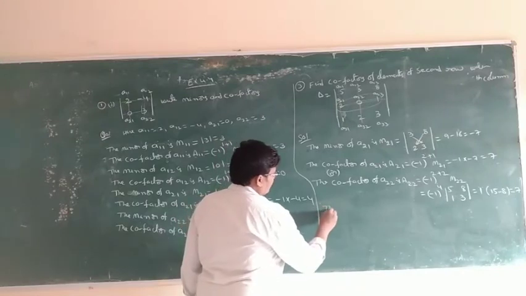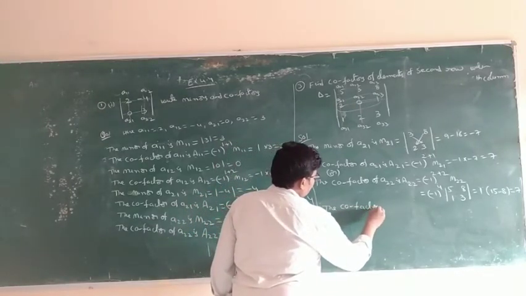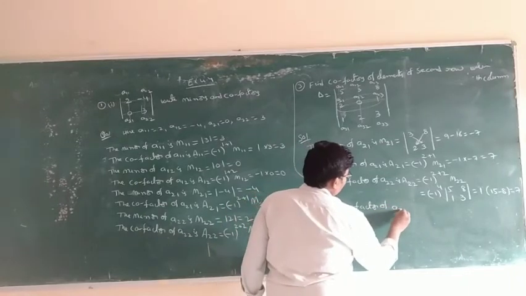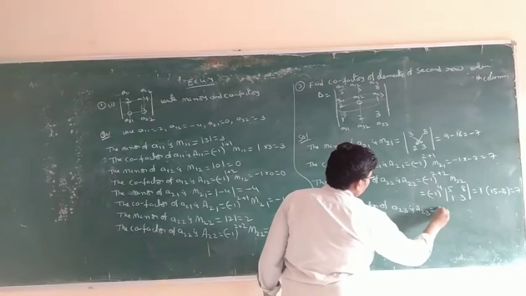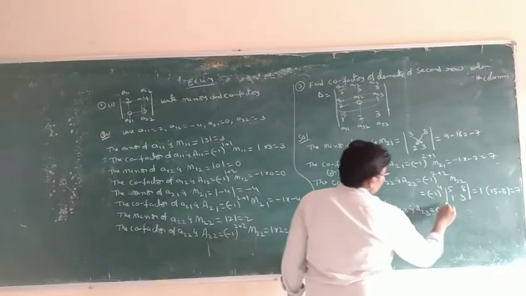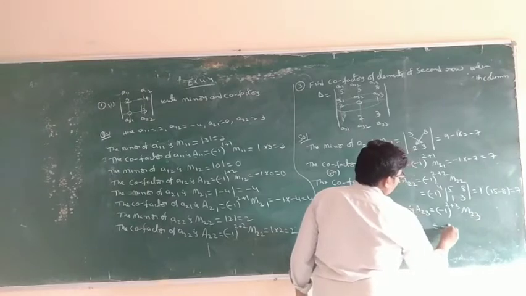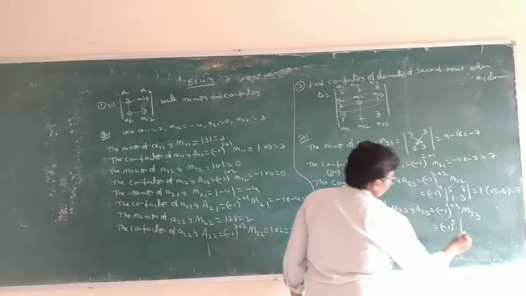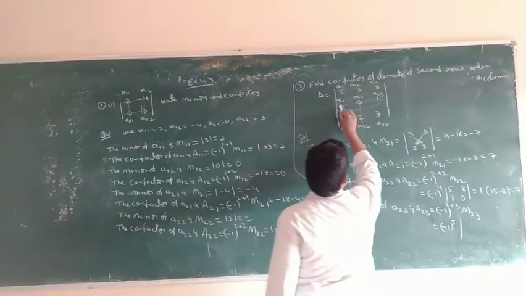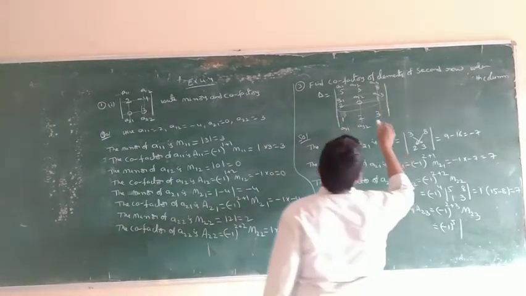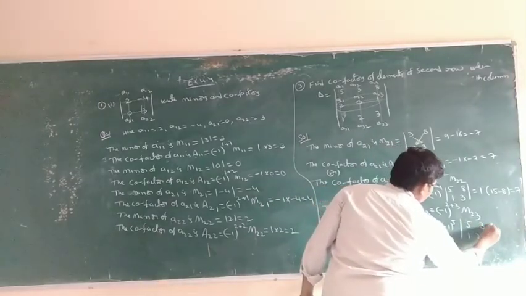So the cofactor of A23 is capital A23, minus 1 whole power second row third column, into M23, that is equal to minus 1 whole power 5 into, for the second row third column, the corresponding row and column deleted, 5 3, 1 2.